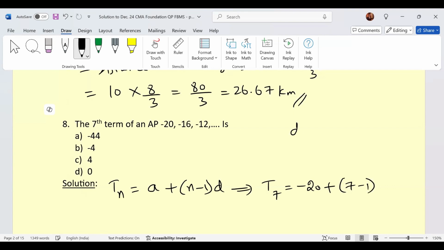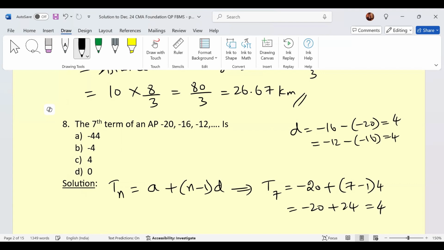Here d is second term minus the first term, so that will be minus 16 plus 20, which is 4. Or we can say minus 12 minus of minus 16, that is also 4. So here we will put 4. This will be negative 20 plus 6 into 4, 24, which is 4. That means the 7th term is 4.